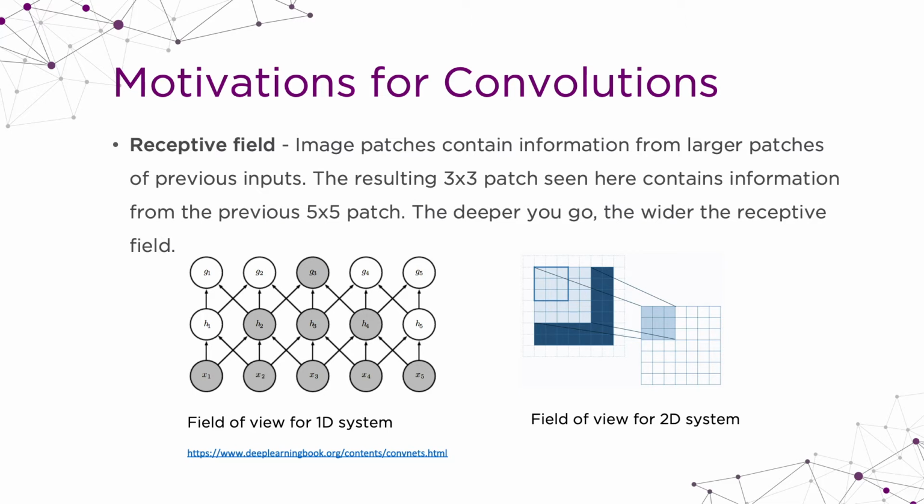So already in a 3x3 patch, we have the information from a 5x5 patch. And if we go one layer deeper, this next 3x3 patch will have the information of the previous 5x5 patch, which has the information from the previous 7x7 patch. So as you go deeper and deeper into your network, this receptive field is giving you better and better representations.